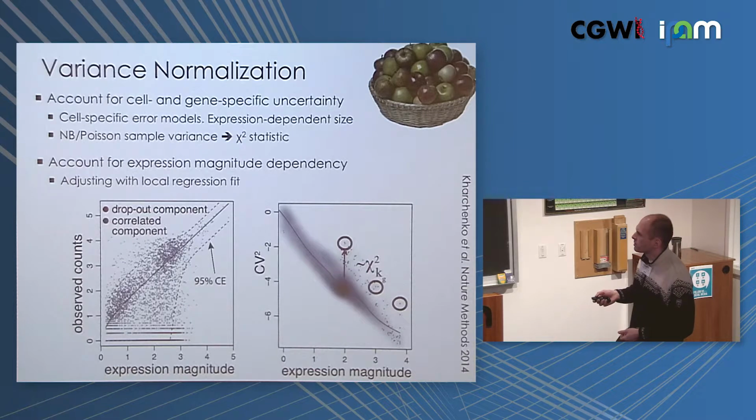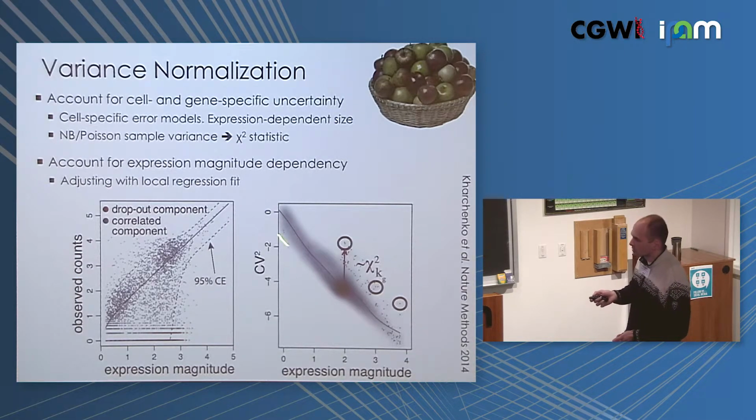Now, in terms of statistical treatment, basically what these individual per cell models allow us to do is to score the variance accordingly. Now, a major confounding factor here in the variance is actual expression magnitude of a gene. So this is a coefficient of variation squared on log scale, and this is expression magnitude, sort of average expression magnitude of a gene in the entire population.